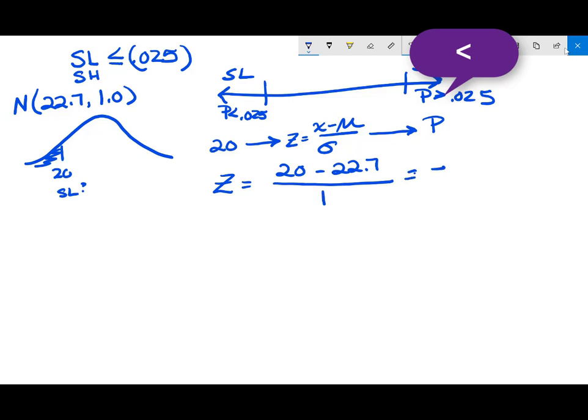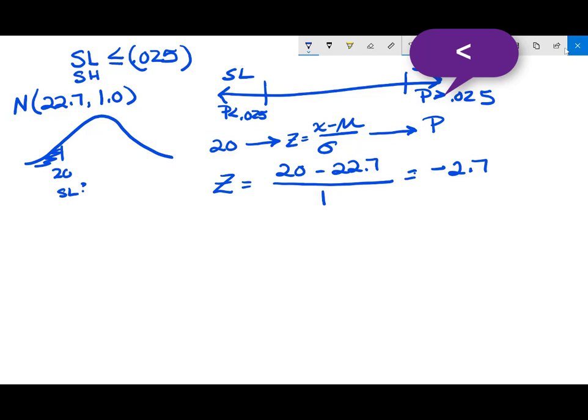So it's going to come out to be negative 2.7. Okay, so let's take it to StatCrunch, and I want to put in for my x a negative 2.7.